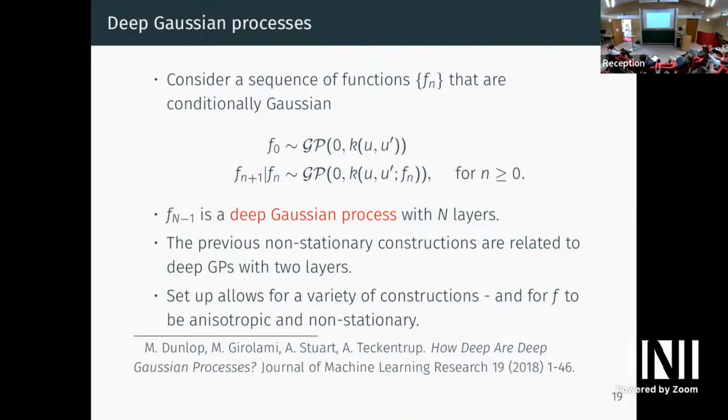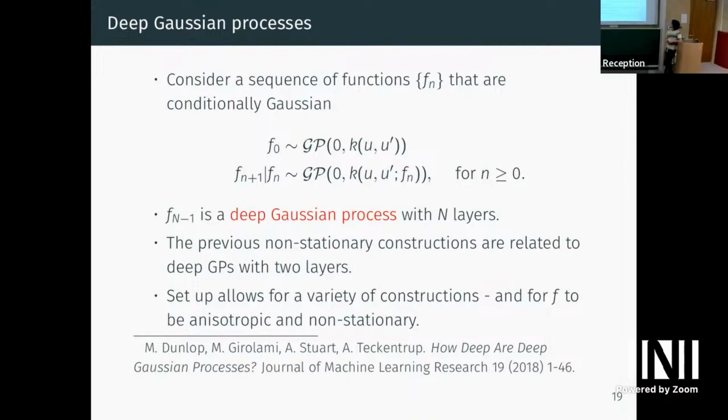So the kernel is dependent on the previous layer, and the sample we take from that layer, conditioned on the layer below, is Gaussian. The examples that we had previously are DGPs with two layers. You sample your bottom layer, which then goes into your lambda or your W, and the layer above is dependent on the layer below.